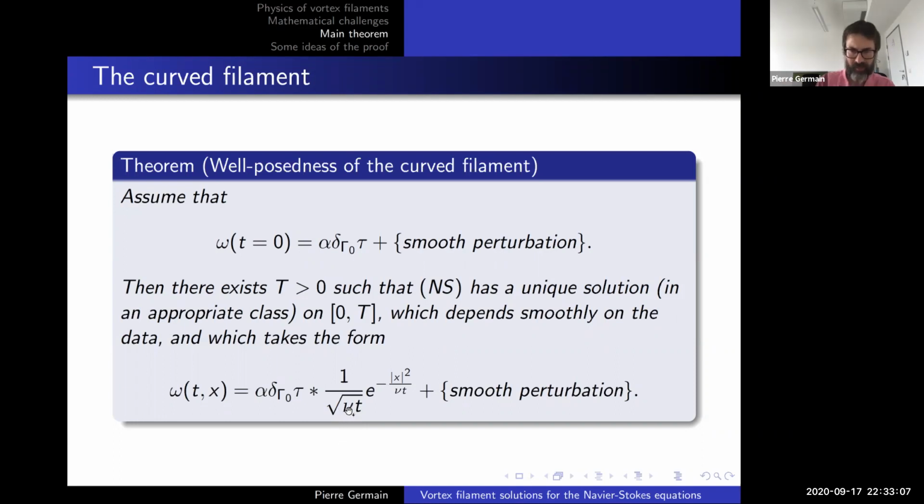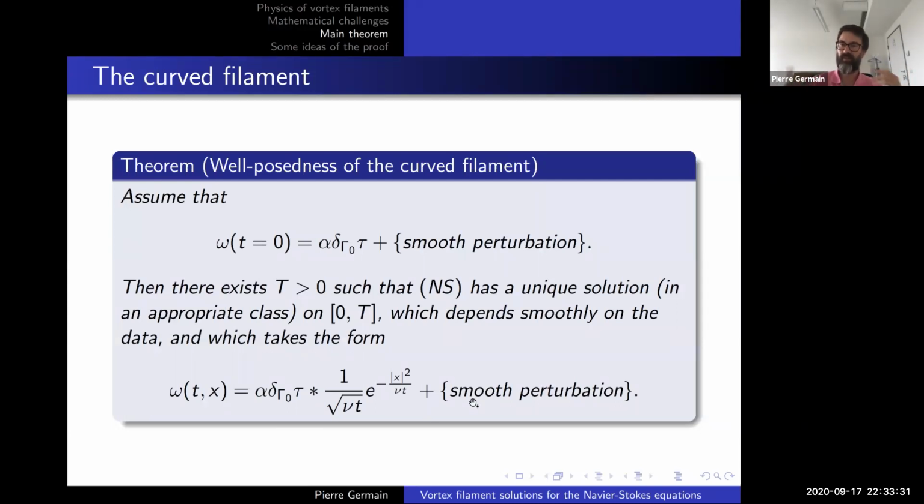Oh, maybe I messed up the normalization. So you convolve with the heat kernel, and the result is that locally, the solution looks like the Lamb-Oseen vortex, of course, glued on the curved filament, plus a smooth perturbation.